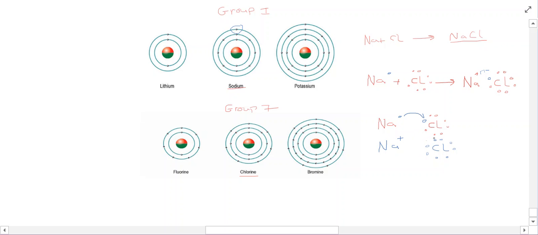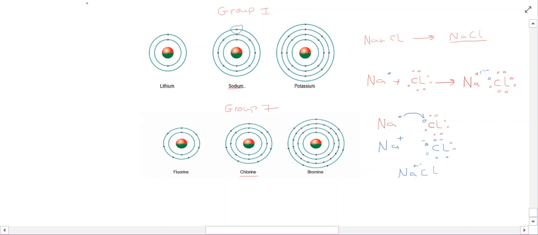So you get this negatively charged ion of chlorine. And then these two attract each other, and you get what's known as an ionic bond, and they hold each other together.